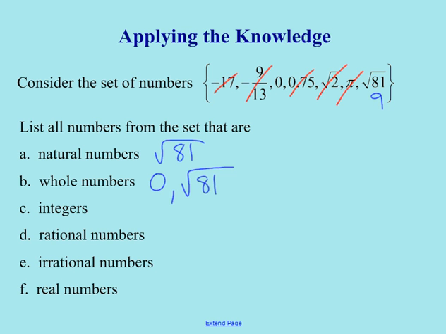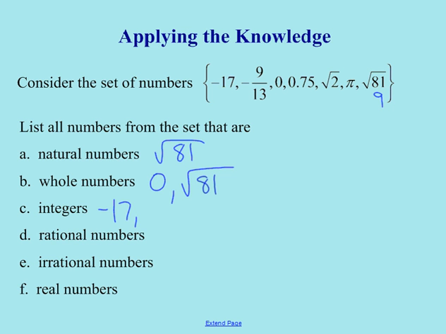All right, that takes us to part C, the set of integers. So which of these are integers? All right, if you remember the definition of integers, the natural numbers plus 0 plus the negative of the natural numbers. So negative 17, that's going to work for us, right? So we have negative 17.